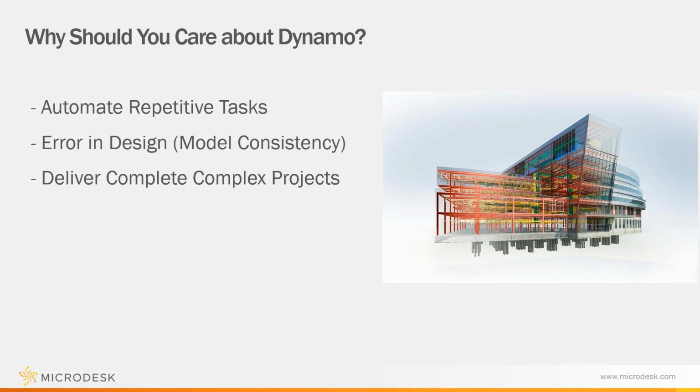Automating your tasks is going to allow you to have that time, to deliver more information in your models, which will help with the construction. You can get more sheets, more schedules, a deeper level of information.